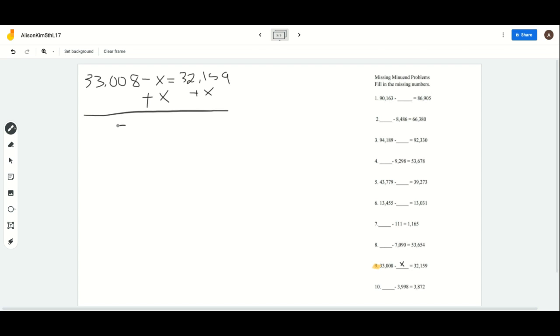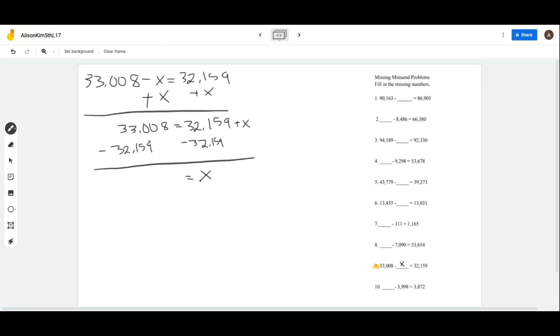And then we're going to get 33,008 equals 32,159 plus x, right? Now we still need x by itself. We're going to subtract 32,159 from both sides. Now we just get x over here, right?